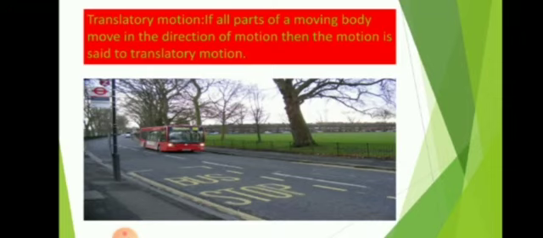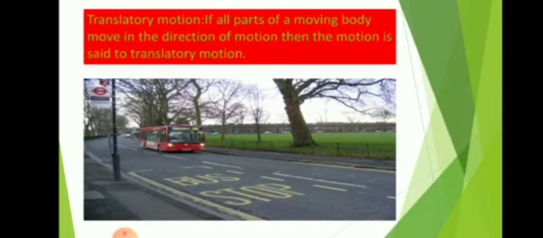Now, if a car is traveling along a straight road, then that comes under translatory motion. Motion of blades of a ceiling fan exhibits a rotatory motion. Motion of needle in a running sewing machine is an example of oscillatory motion. And motion of pendulum in an old wall clock is also an example of oscillatory motion.